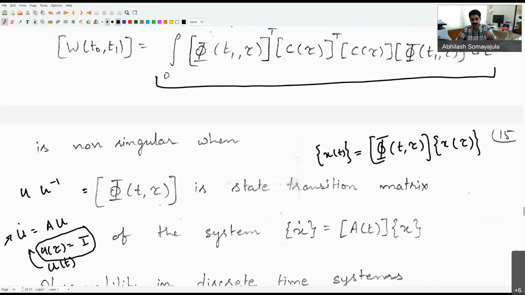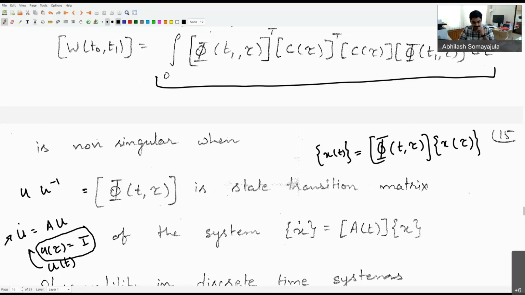So if at time t equal to 0, I have an identity matrix, I want to see at some time forward how u evolves. That value of u at forward time times its inverse is the state transition matrix. So u is not identity there.